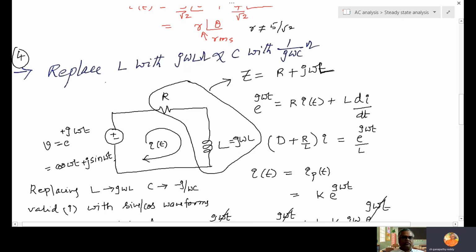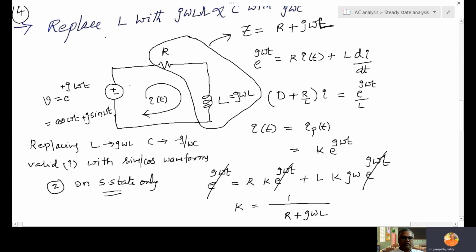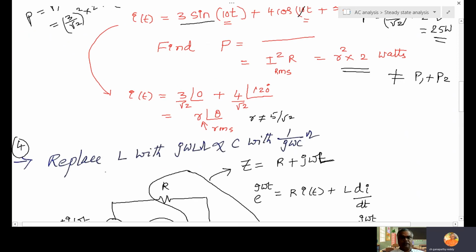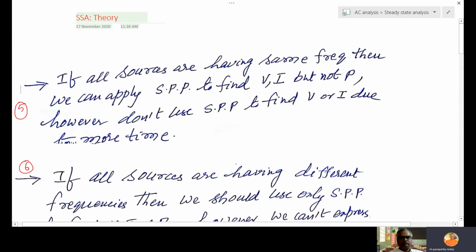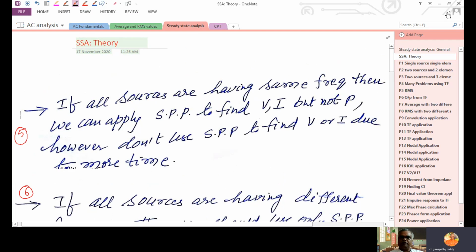But the important point is that the fourth step is valid with sinusoidal only. If there is a triangular wave, a sawtooth waveform or a square wave, you can't do like this. That is an important precaution. So this completes the theory part.